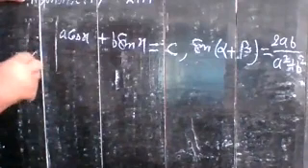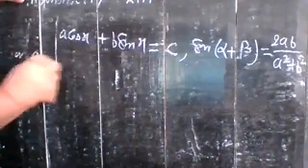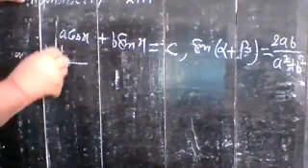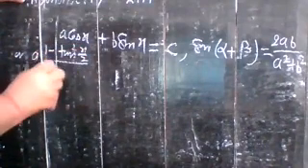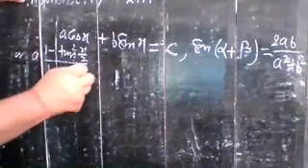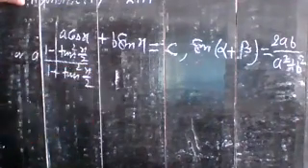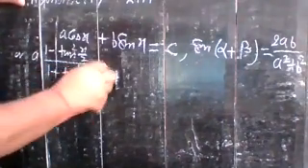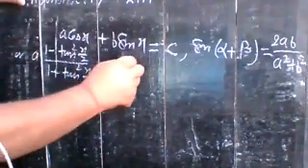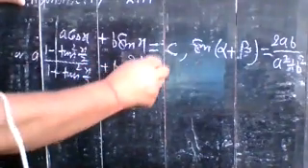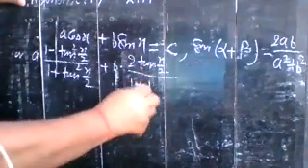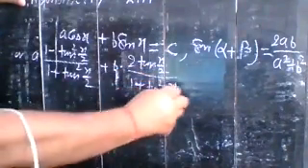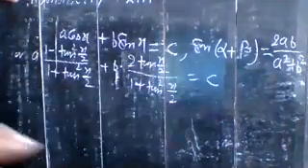So write here a, and in place of cos x you write (1 minus tan square x by 2) upon (1 plus tan square x by 2). In the same way, here you write sin x as 2 tan x by 2 upon 1 plus tan square x by 2. That is equal to c.